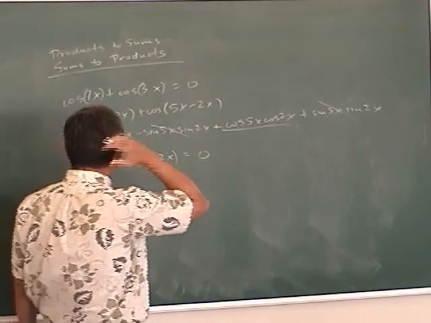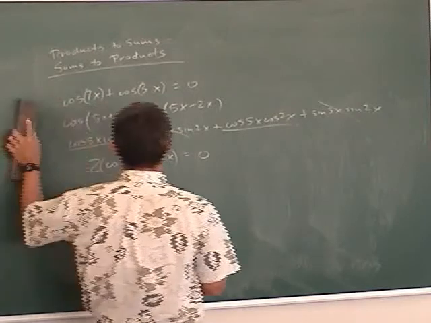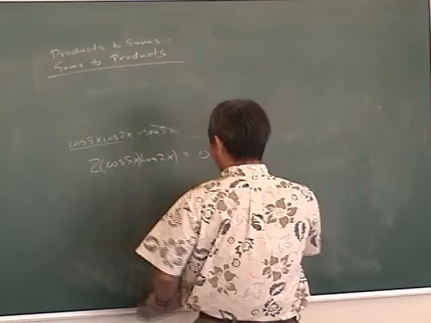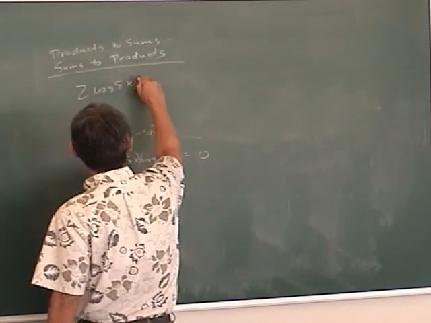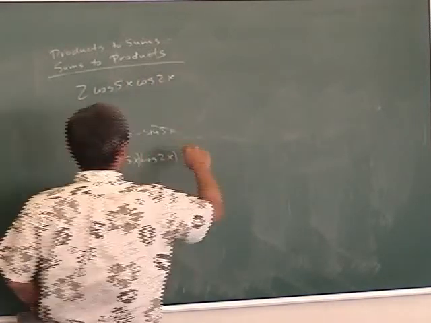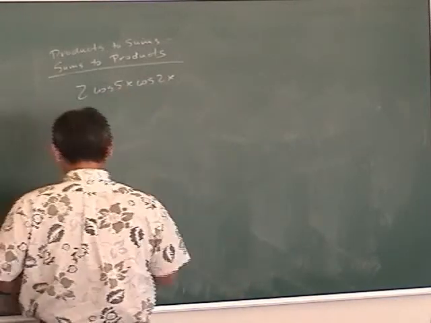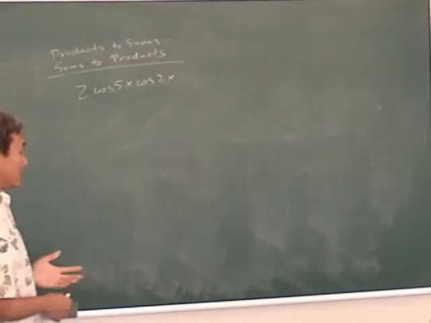Okay, now the other direction. The other direction takes a little more ingenuity. In fact, let's do the same problem right here. Let's just go back: 2 cosine 5x, cosine 2x. So basically, we're just going to go backwards. How do I change a product into a sum? Now, it's easier if you have a 2 here, but you really don't need the 2 there.